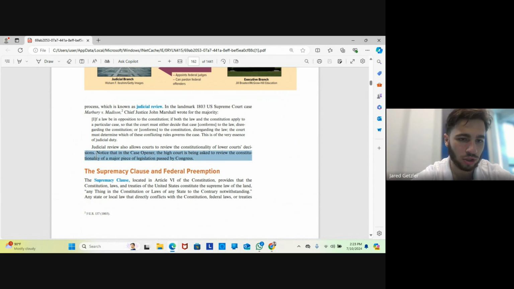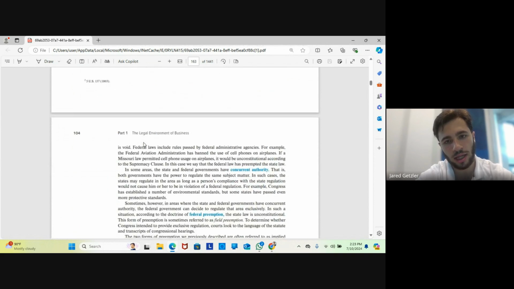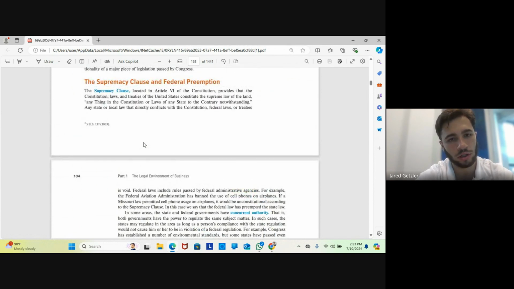Well, the Supreme Court can use judicial review to declare that law unconstitutional due to the supremacy clause, which we're about to get into. So the supremacy clause means that the United States Supreme Court is the law of the land, meaning that they have authority over the lower courts to declare certain laws unconstitutional.